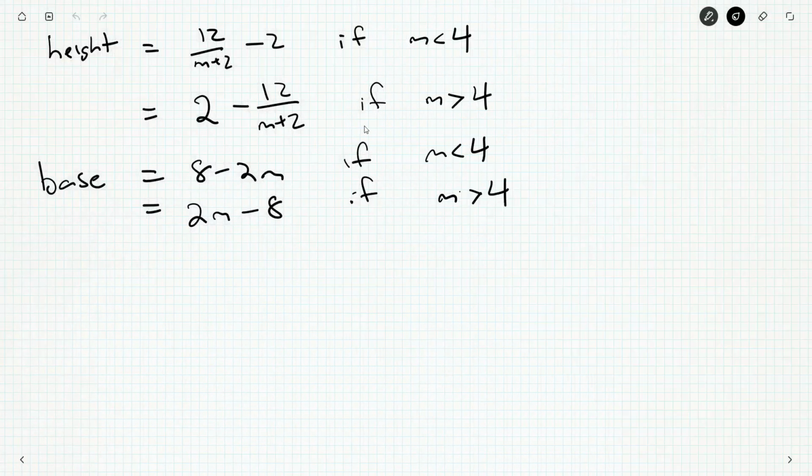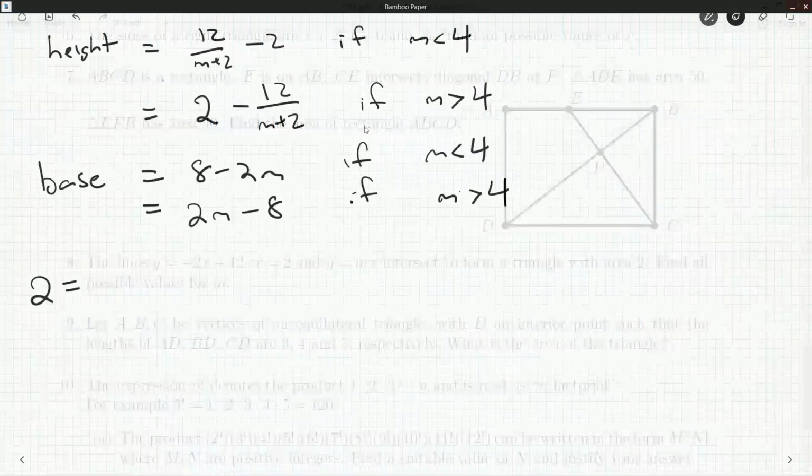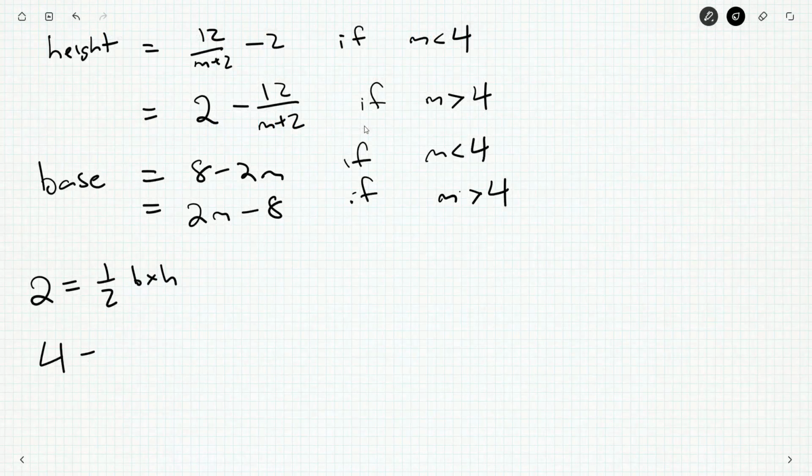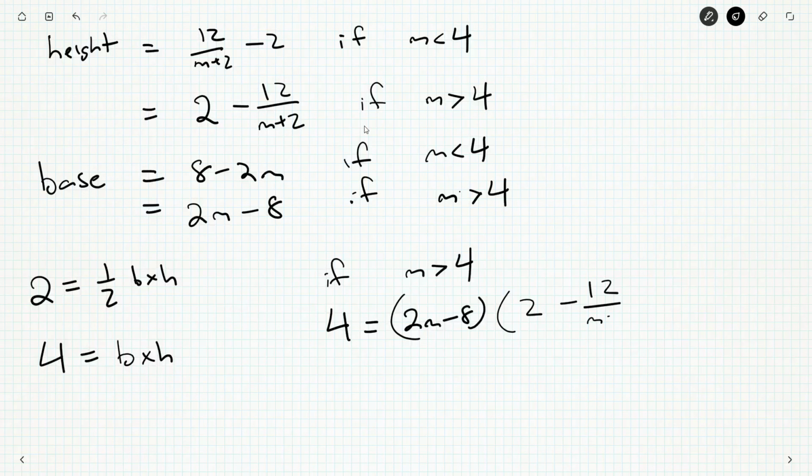Okay, so we want 2 to be the area, if I recall correctly. Area of 2. So that's going to be 1/2 base times height. So we want 4 to be equal to base times height. If m is greater than 4, we'll have 2m minus 8 times 2 minus 12 over m plus 2 is equal to 4.